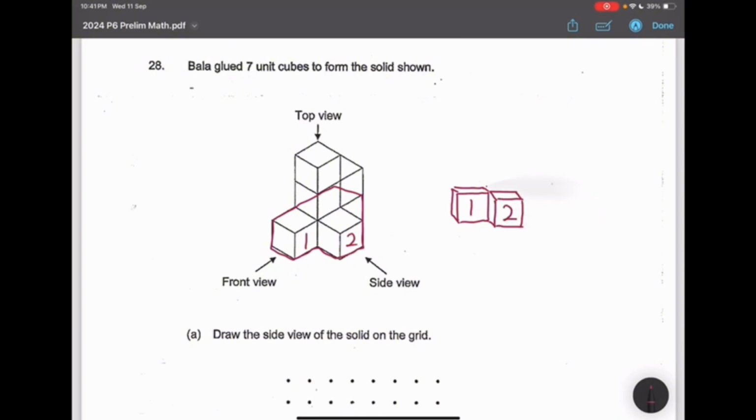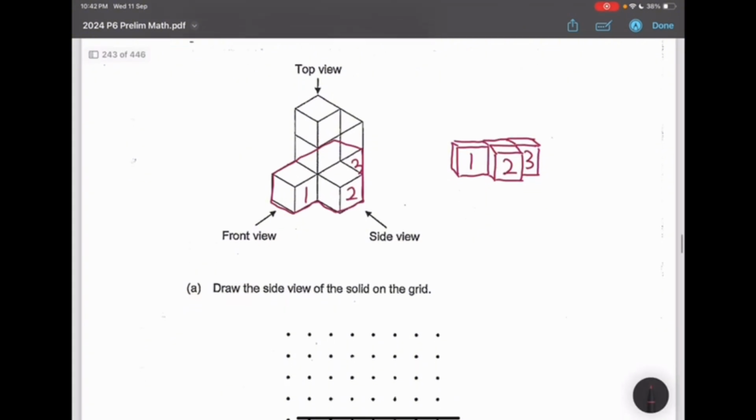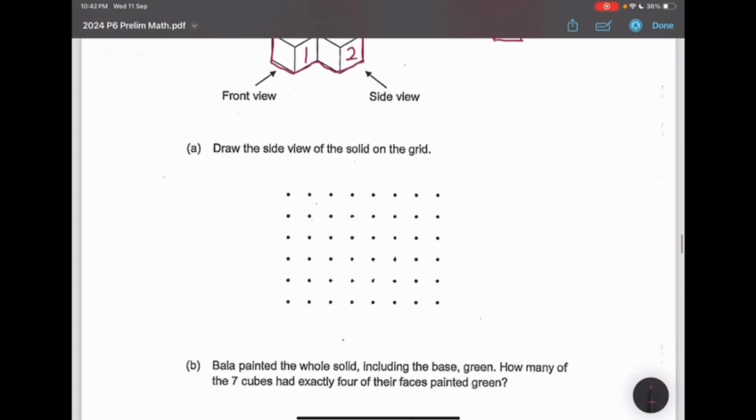This is my 2. And definitely behind 2, there is one more. And then 3. 3 would be 2 spaces away from 1, which is over here. And it would look something like this. So looking at this, I can tell that my first layer would just be 3 blocks in a row. So the first layer will look something like this.